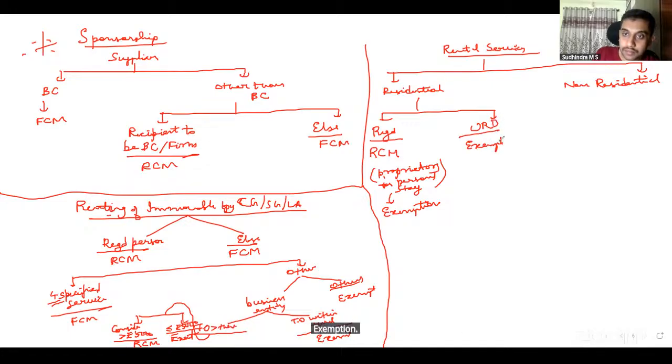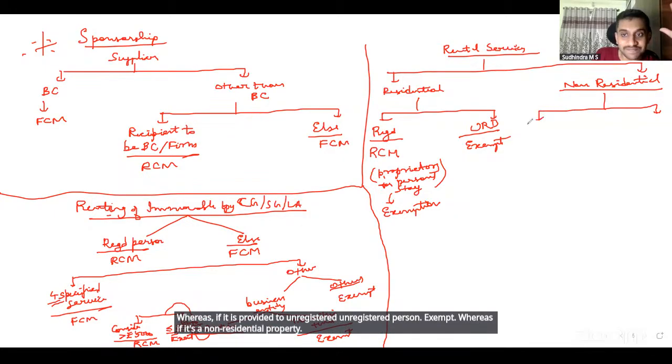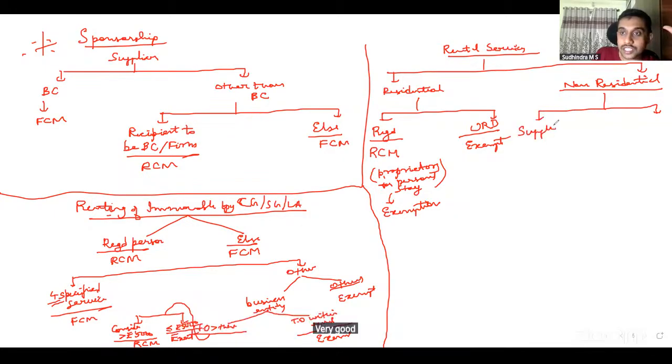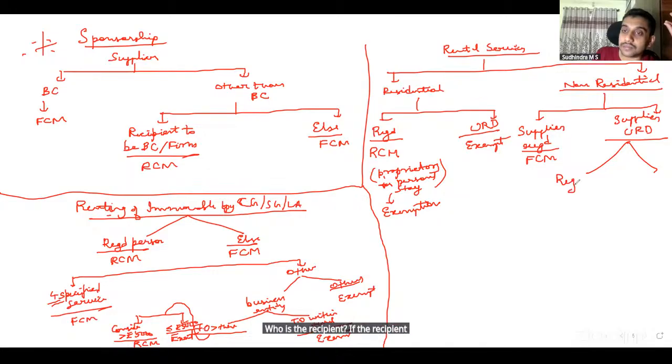Whereas if it is a non-residential property, first I have to see who is the supplier. If the supplier is registered, always FCM. If the supplier is unregistered, then I have to see who is the recipient. If the recipient is registered, RCM, excluding composition dealers.